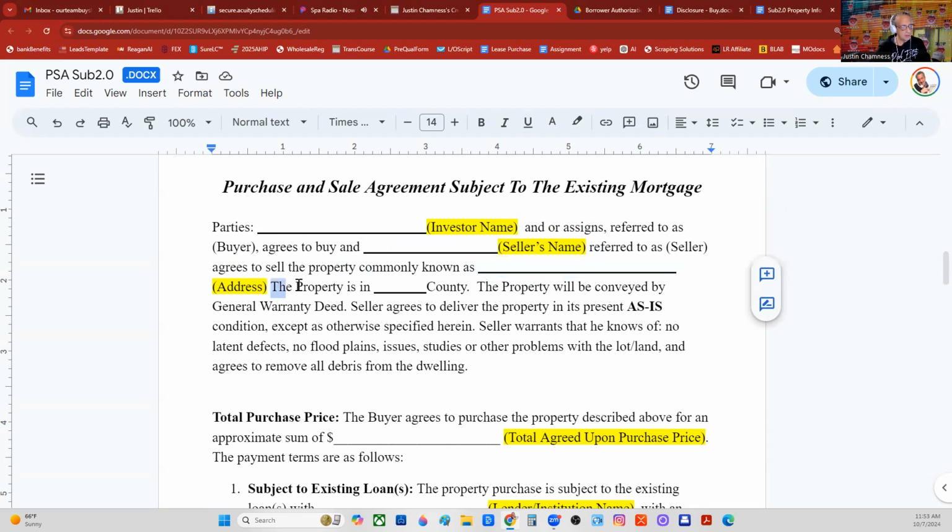The property is in Jackson County. Okay, wherever it's at. The property will be conveyed by general warranty deed. Seller agrees to deliver the property in its present as is condition, except as otherwise specified herein. Seller warrants that he knows of no latent defects, no floodplains, issues, studies, blah, blah, blah.